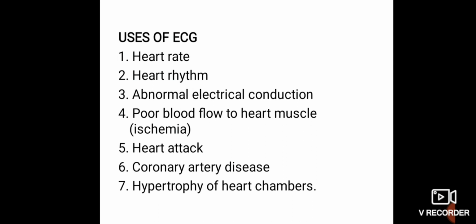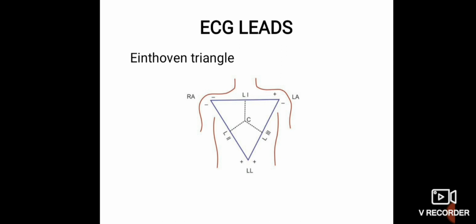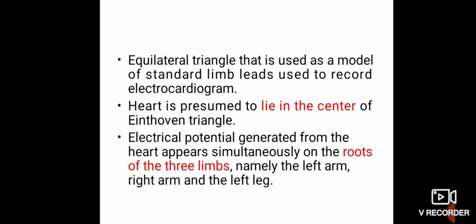ECG recording is done by placing the leads in the Einthoven triangle format. This Einthoven triangle is helpful for identifying any incorrect placement of leads on our chest. Normally it is a standard limb lead placement modality proposed by Einthoven.